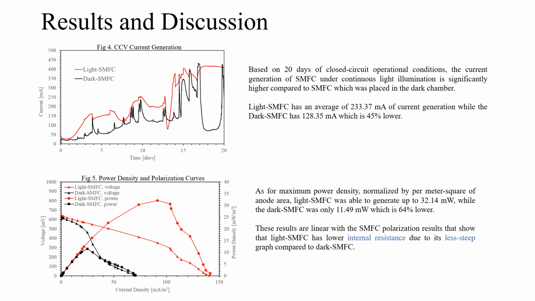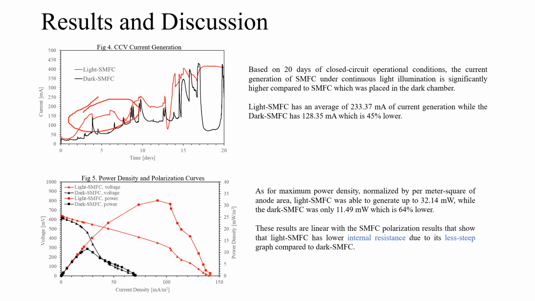As we can see, compared to the light SMFC, the current generation of the dark SMFC is unstable. As for the maximum power density, normalized per square meter of anode area, the light SMFC was able to generate up to 32 milliwatt, while the dark SMFC was only able to produce up to 11 milliwatt, which is 64% lower.